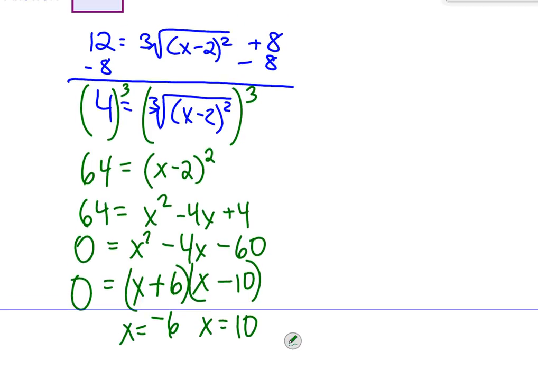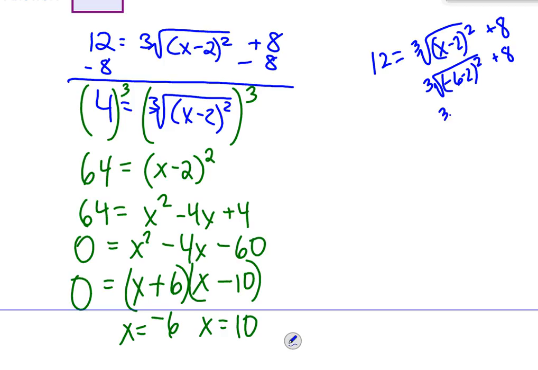And by the way, you always want to go to the very beginning and check again as we go through. So it's 12 equals the cube root of x minus 2 in parentheses squared plus 8. So really it's just putting in those numbers. The cube root of negative 6 minus 2 in parentheses squared plus 8, the cube root of negative 8 squared, oops, plus 8.